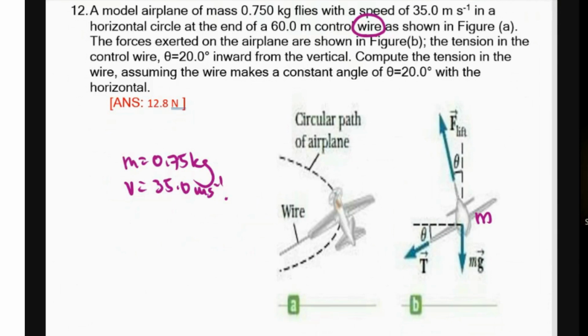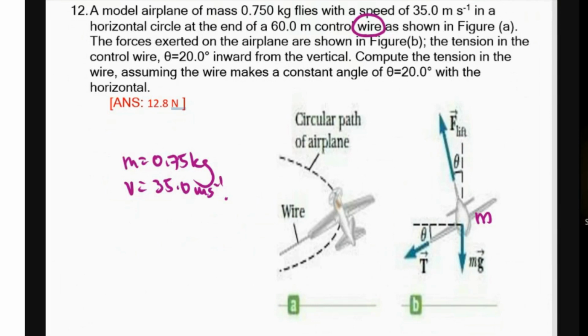So that means the radius is not along the wire. So what does this mean? That you can draw the relationship between the length, angle theta, and the radius.